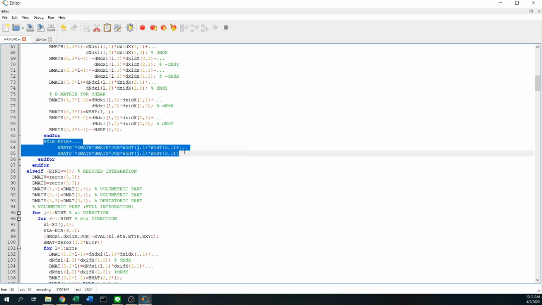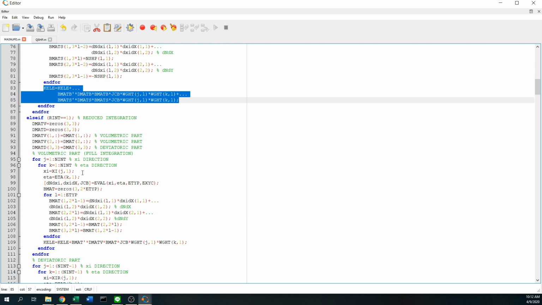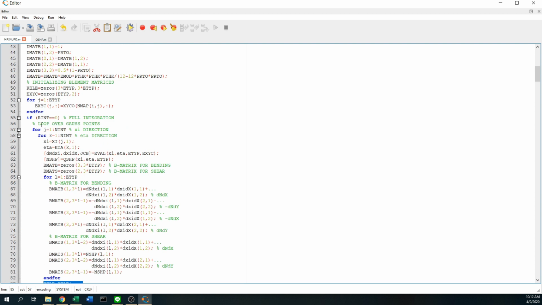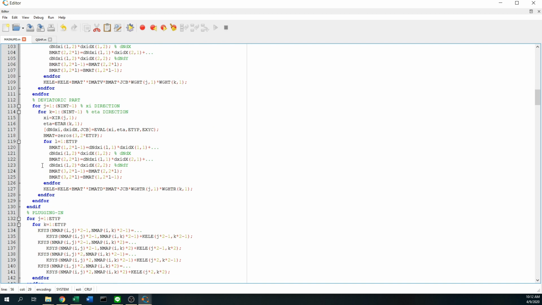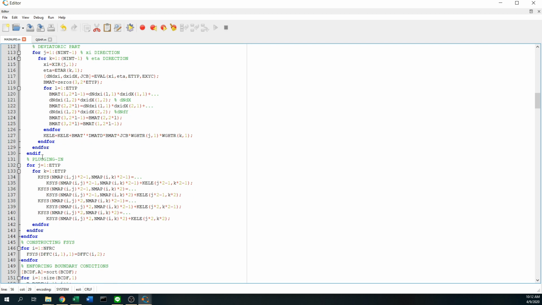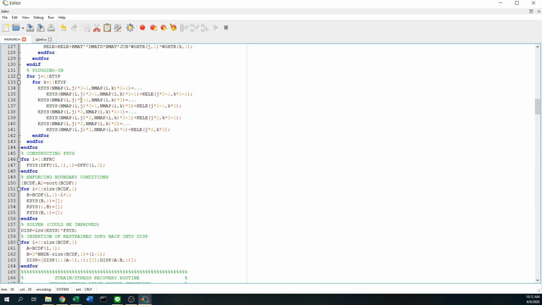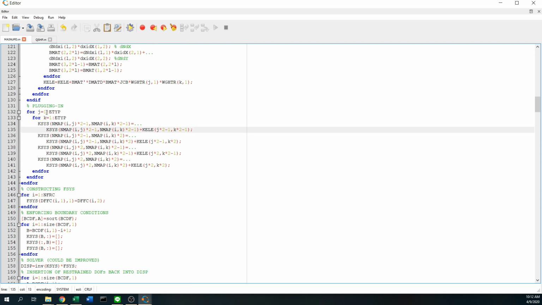Alright, so this is it. The rest of this work is going to be just the cleaning up. I think I'm gonna remove the features for the reduced integration, maybe for the time being, to just get it to work first, and that could be finished later. And the rest of the thing, we have to come to this part, the plugging in, because previously one node accommodated 2 degrees of freedom.